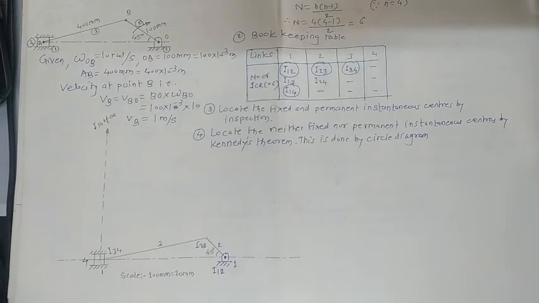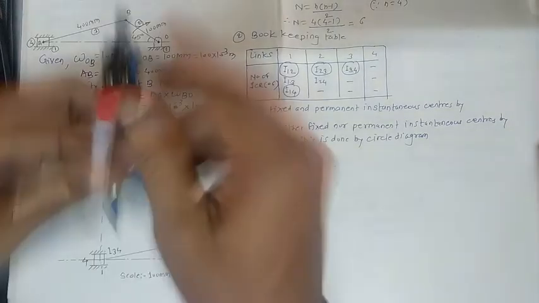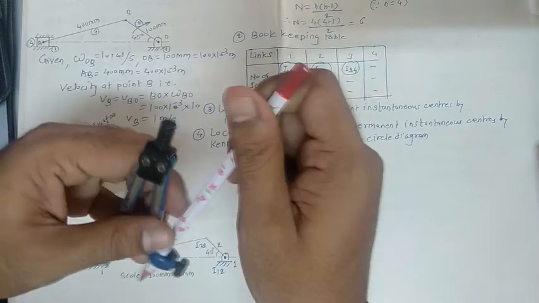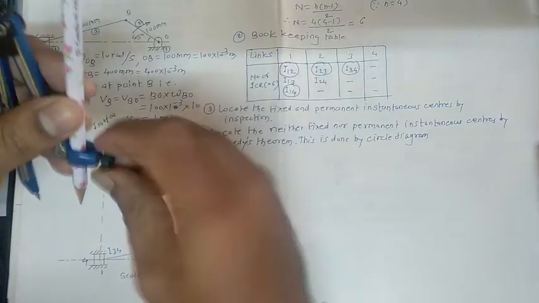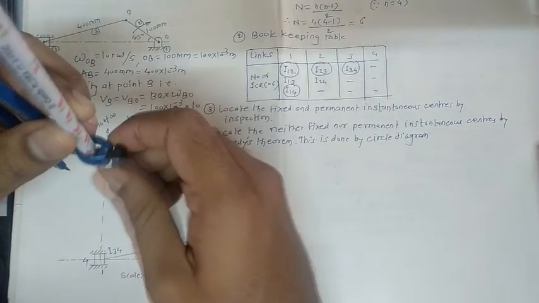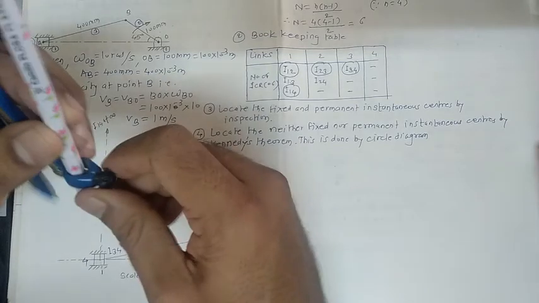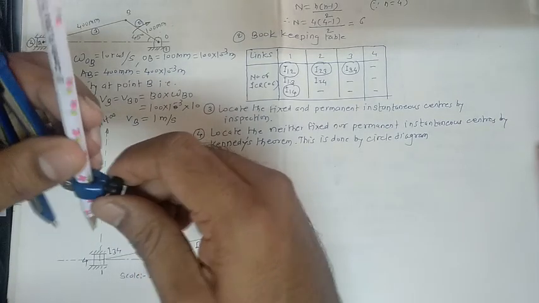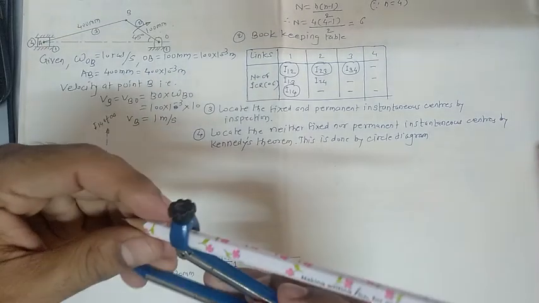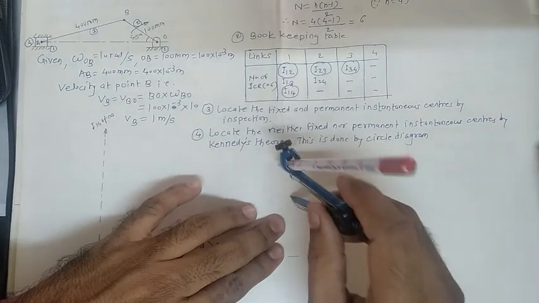For that, draw one circle. It is not necessary to take any particular radius. The purpose is only to get the information regarding the neither fixed nor permanent instance centers by using that circle.